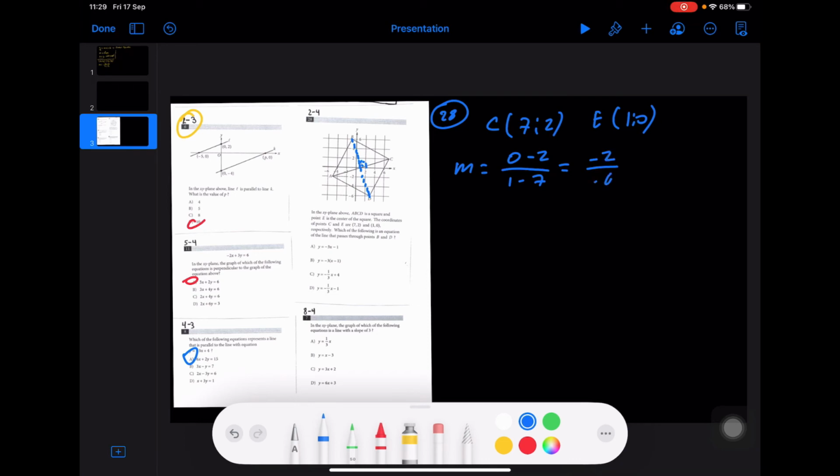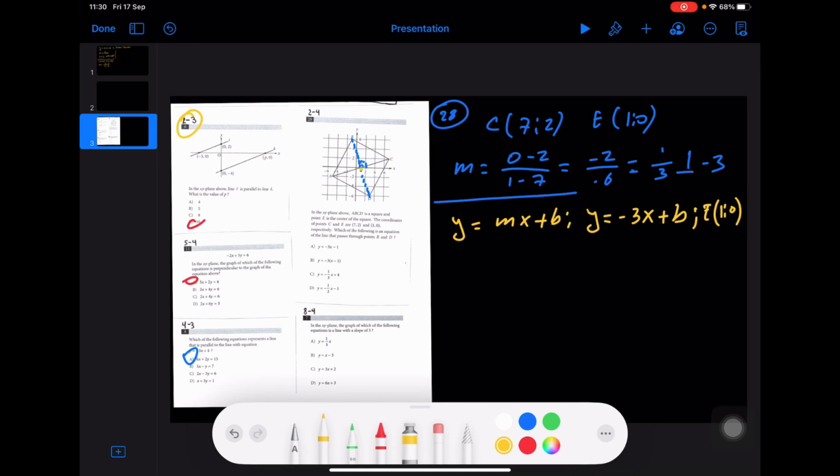Negative 2 over negative 6, it is 1 out of 3. And the second line, which is perpendicular to that one, will have slope negative 3. That's why I can change the color. y equals mx plus b, our standard form. y equals negative 3x plus b. I just substitute m's value here. And secondly, E will be the common point, and E's coordinates are (1, 0).